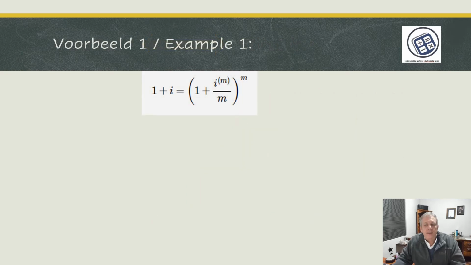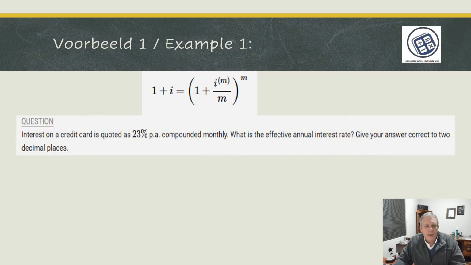Let's look then at an example. It tells us here that interest on a credit card is quoted at 23% monthly. So in other words, the rate here is a nominal rate, because it is quoted in a time period that is not yearly.